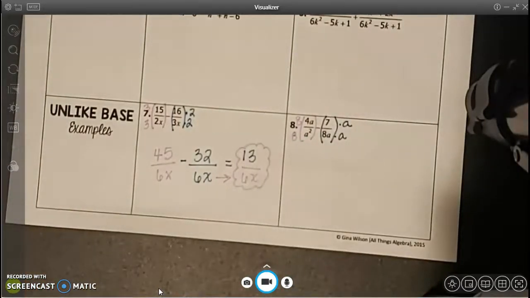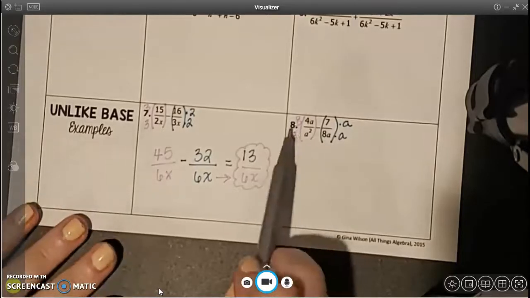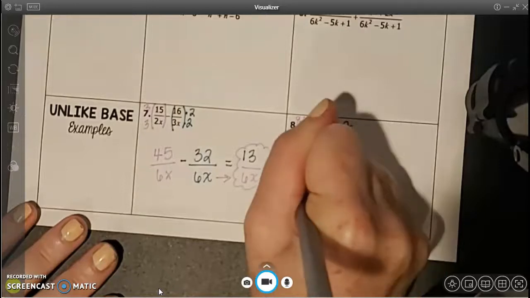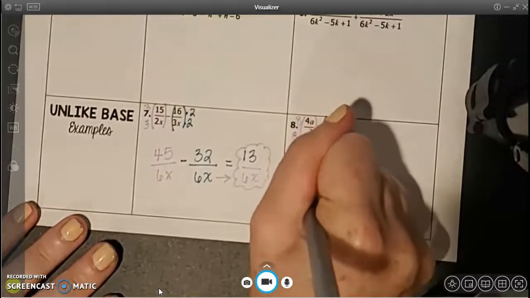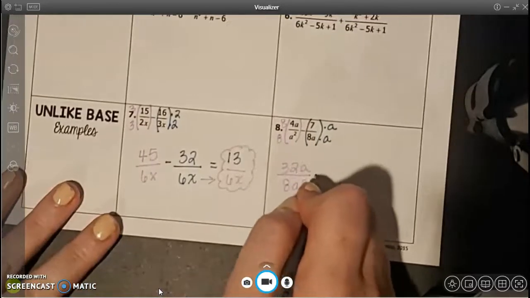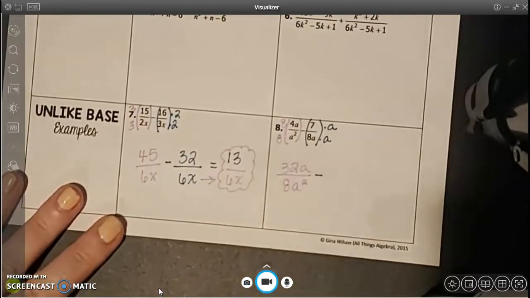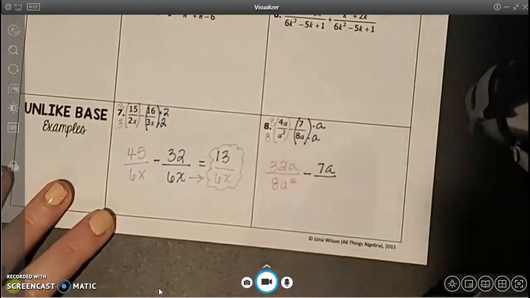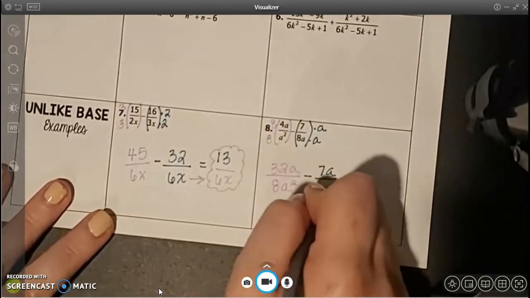Right, 8 times 4a is 32a. 8 times a squared is 8a squared. This is subtraction again. Right, and then 7 times a is 7a. And 8a times a is 8a squared.